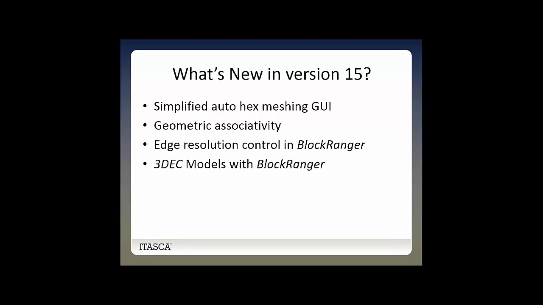A slight improvement to the hexahedral meshing capability of KUBRIX through a simplification of its auto-hex meshing GUI. What we call a geometric associativity, which allows you to specify boundaries, faults, special surfaces in the CAD and expect to see the associated zone faces or element faces appear in your analysis software, in our case FLAC3D.